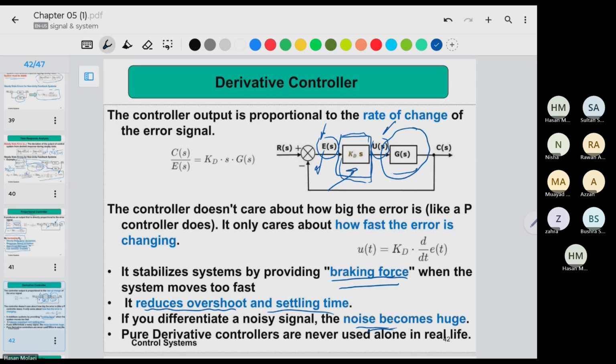So the high frequency part of the noise can pass through these derivatives and get amplified. You don't want to care about the noise, but the noise is getting amplified by this derivative function, and it's corrupting the final output of the system. Because of this problem, it's not usually used alone, and is sensitive to noise, we can say.